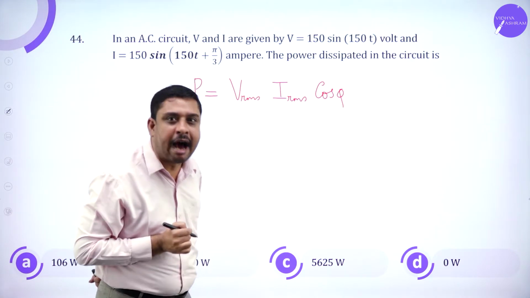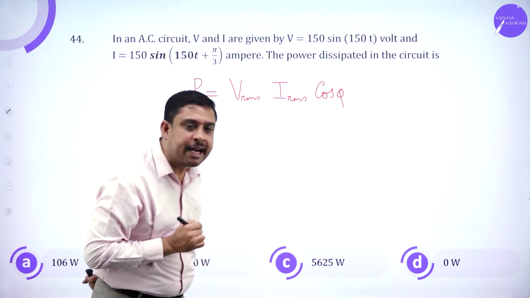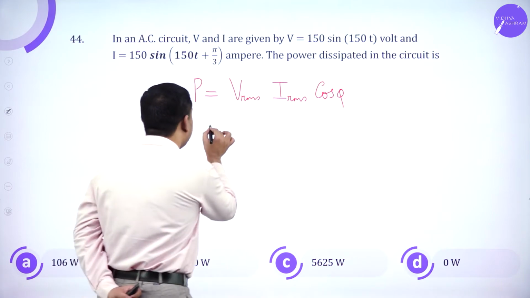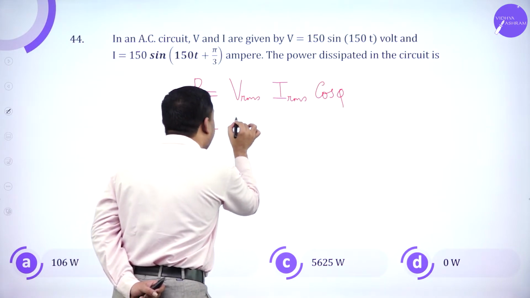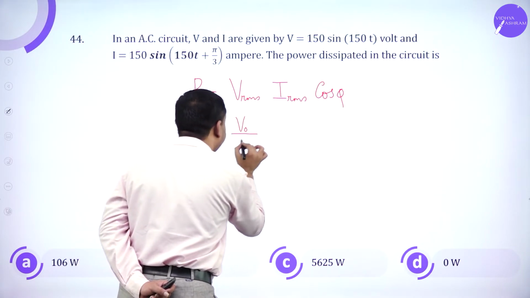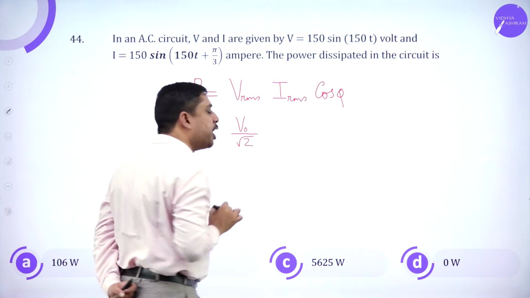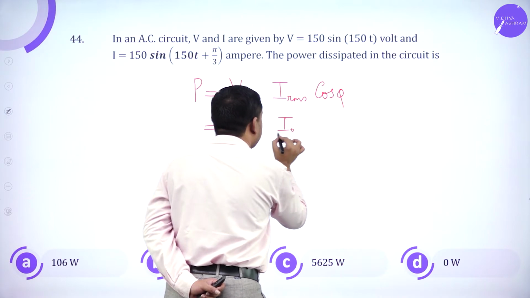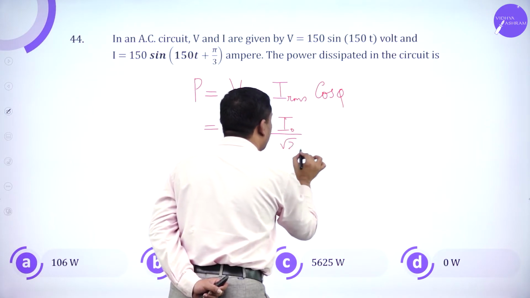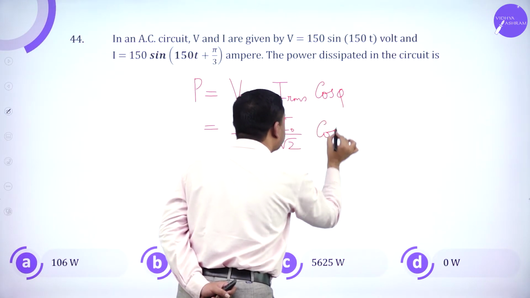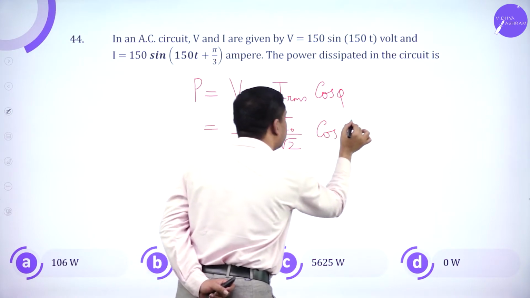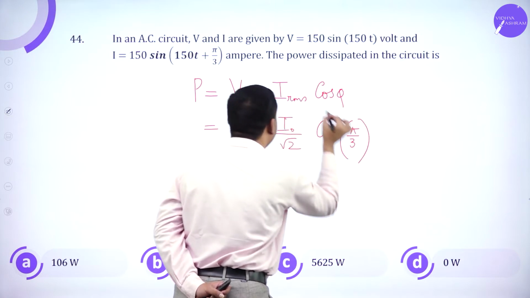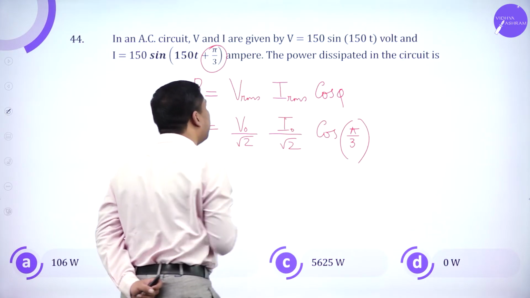P is V rms into I rms into cos phi, or V naught by root 2, I naught by root 2, cos phi where phi is pi by 3. See, phase difference is present here.